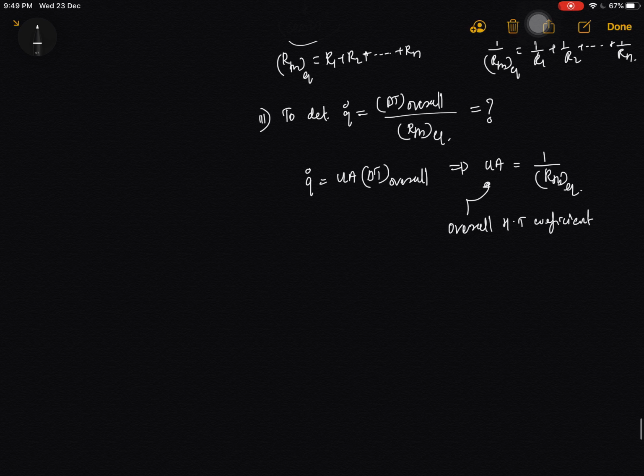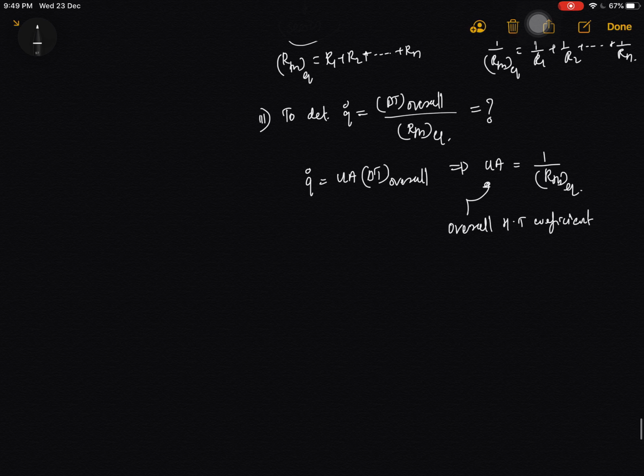Okay, and also for convective boundaries, the thermal resistance RTH is given by the equation 1 by hA, where h is the convective heat transfer coefficient and A is the surface area over which the heat transfer by convection is occurring.